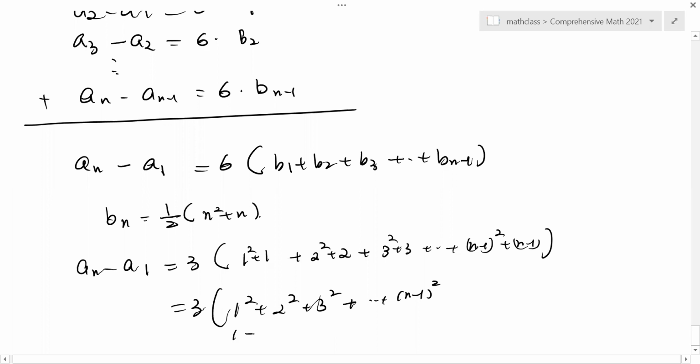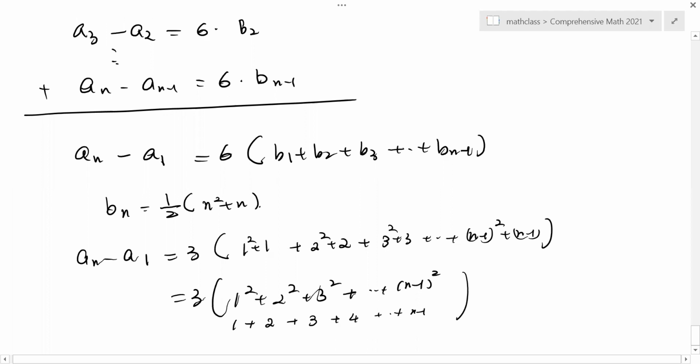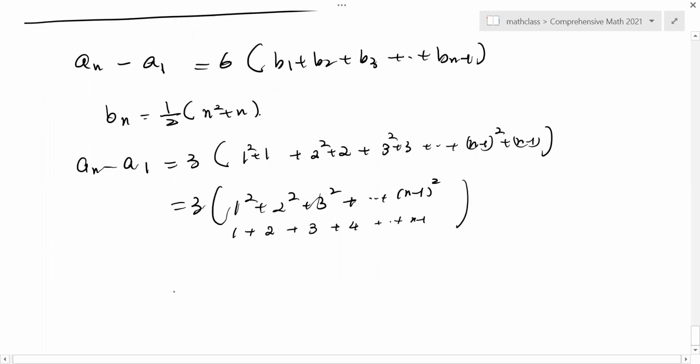Okay, so it's 1 plus 2 plus 3 plus 4 plus n minus 1. So we do need a couple of formulas for this. The first term, not everybody knows the formula. All right, let's see.